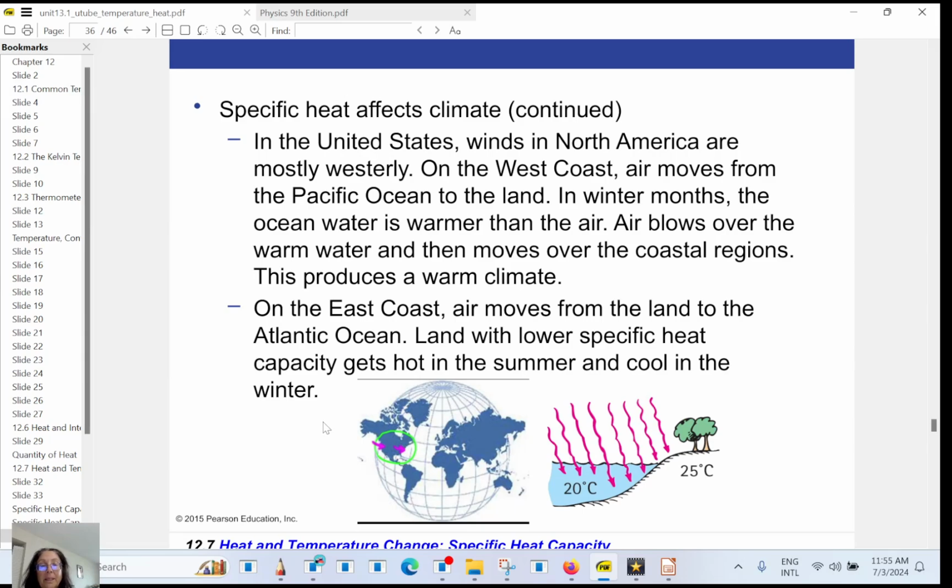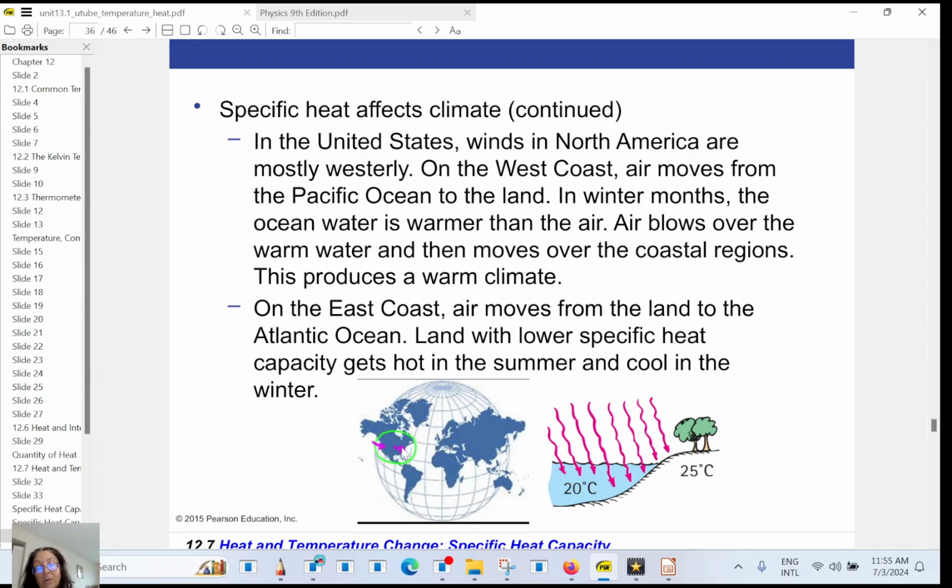For example, here in the US, you have the wind flowing toward the west. If you have California, the weather is always great because the wind comes from the ocean, and the ocean does not decrease its temperature much during the winter and doesn't increase its temperature much during the summer.